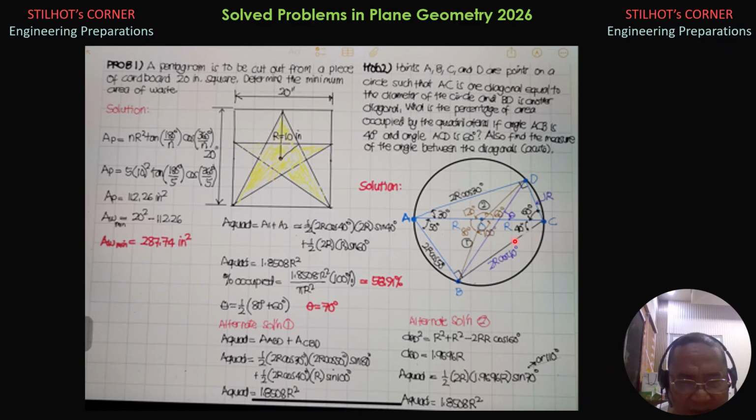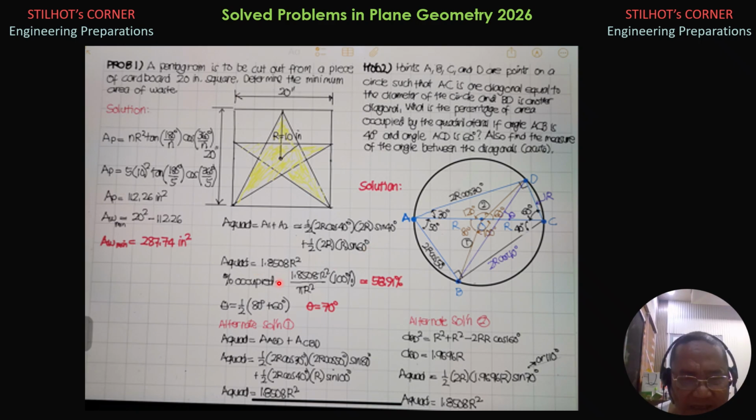For triangle 1, the adjacent sides are 2r cosine 40 degrees and the diameter, 2r, with the angle between them 40. So one half 2r cosine 40 times 2r sine of 40 degrees, plus one half 2r times r times sine of 60 degrees, and that is 1.8508 r squared.